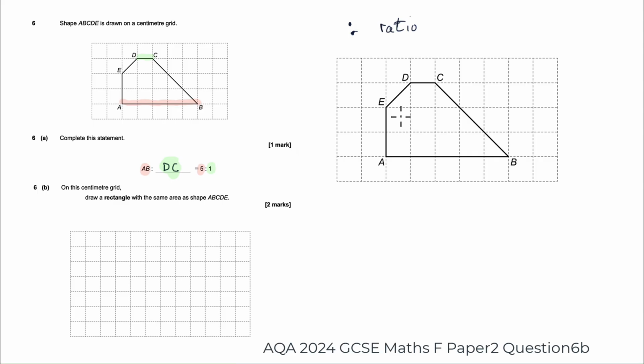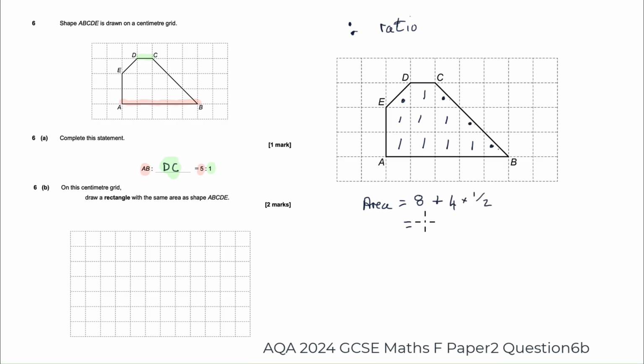So talking about whole squares, these are whole squares, and there's 4, 5, 6, 7, there's 8 of them. These are half squares, and there's 4 of them. So the area of this would be 8 whole squares plus 4 half squares.